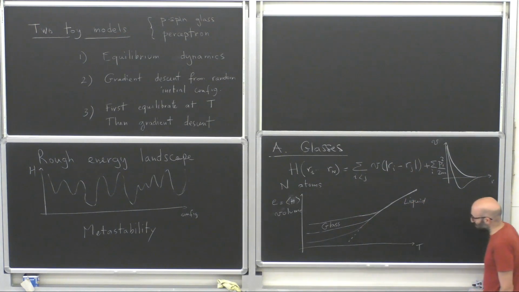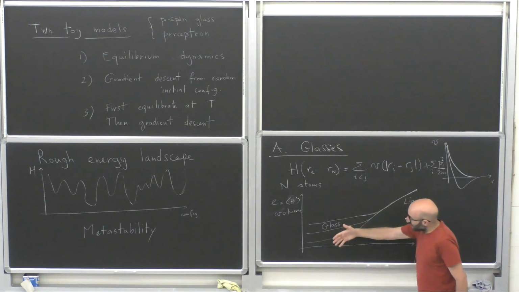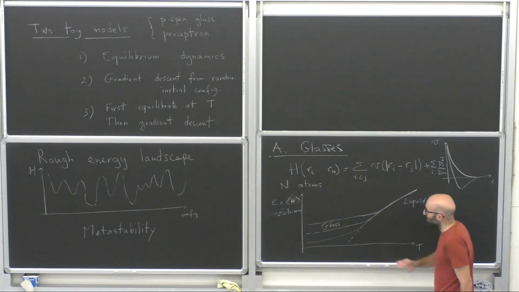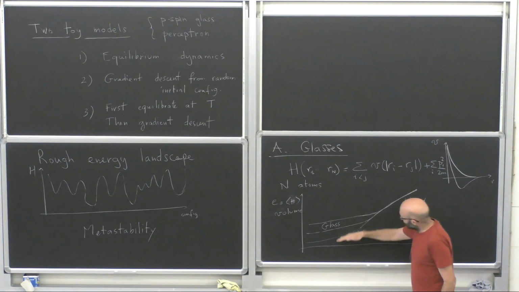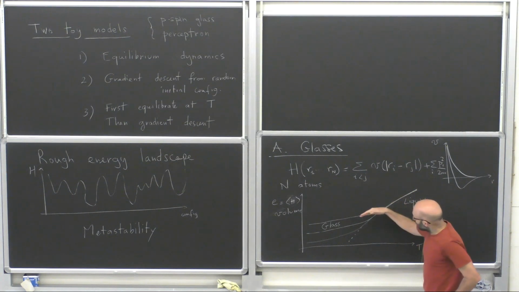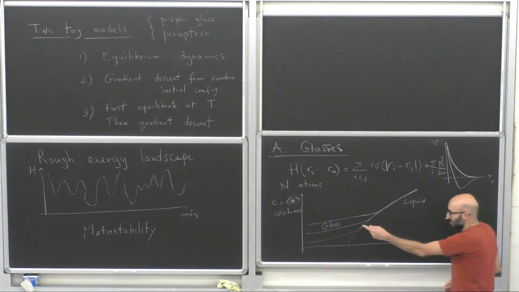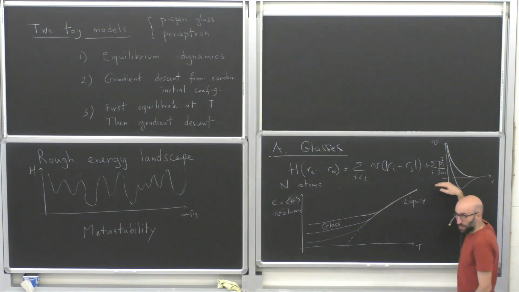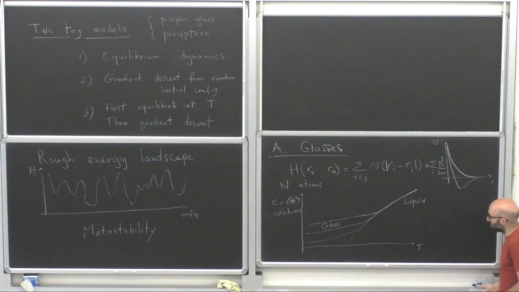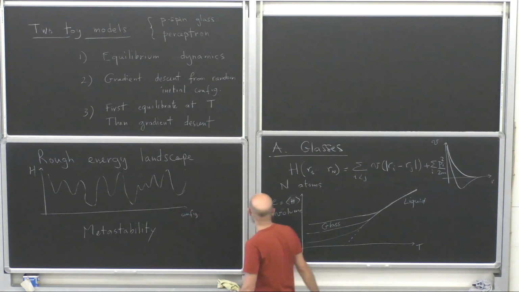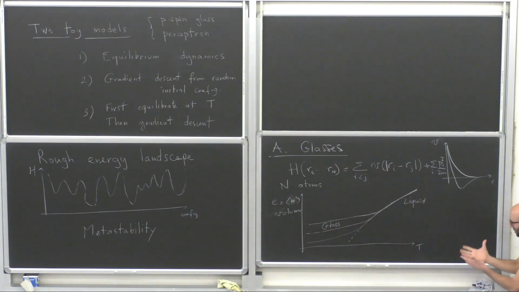So that was exactly the point I wanted to make, that glasses, at least the glasses that you meet in this room, are not equilibrium states. They are metastable states, and there are many different metastable states in the same system. So if you take that window glass, you bring it to high temperature, and then you cool it back, depending on the way you cool, you will reach different minima in this potential, and these minima can trap the system for a long time, and basically you are stuck there when you are at low temperature.